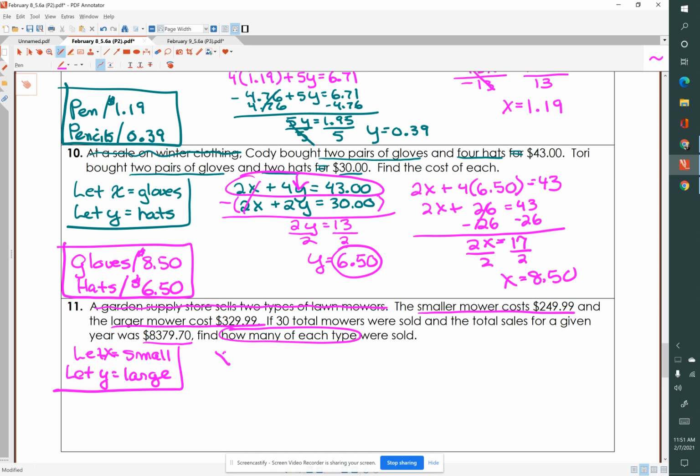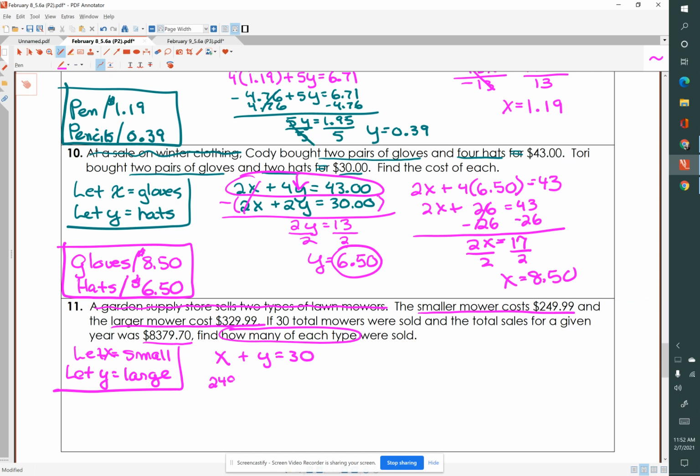So we don't know how many x, but we know that x plus y equals 30. We also know the cost. So we know the small mower is $249.99.